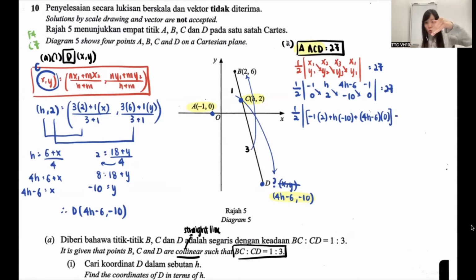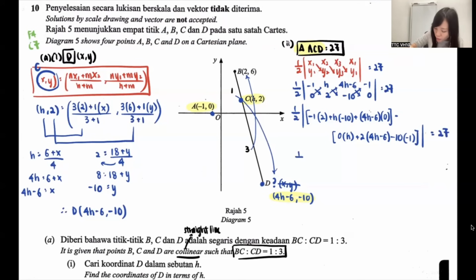Minus all the go up. So for up, I write here. 0 times H plus 2 times 4H minus 6 plus negative 10 times negative 1. Isn't it equal to 27? Write nicely, okay? So 1 over 2.